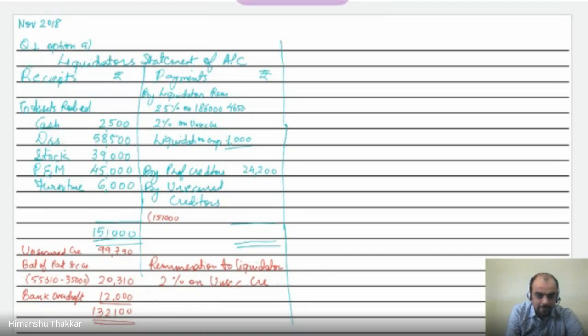Okay, fine. So suppose 20,310 multiplied by 2%.